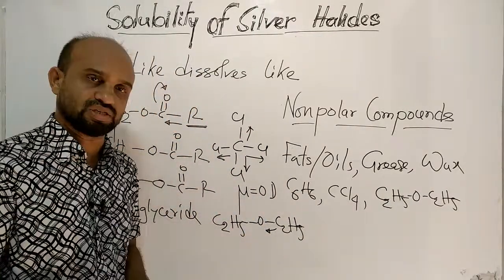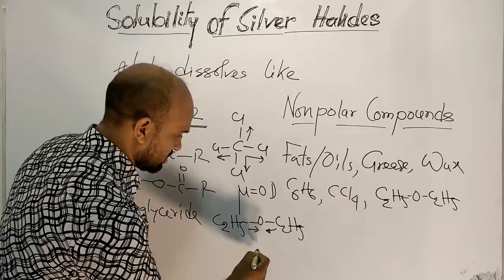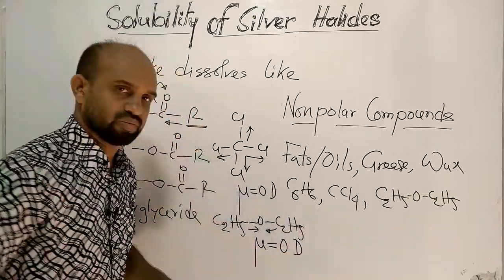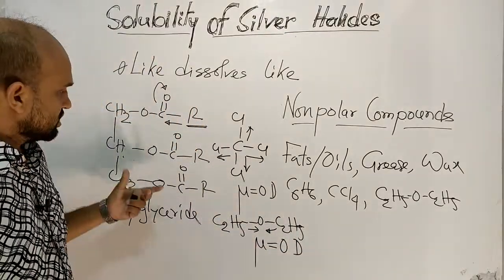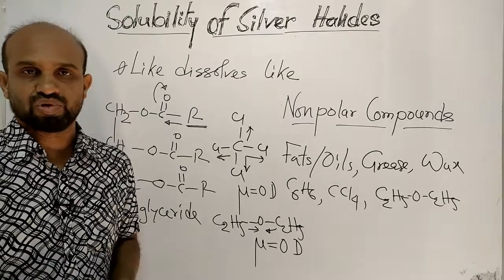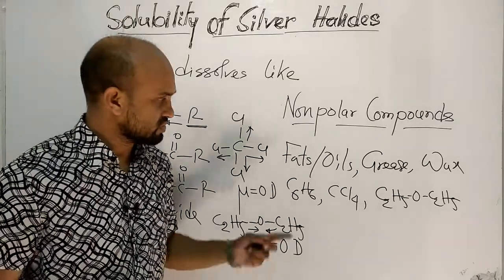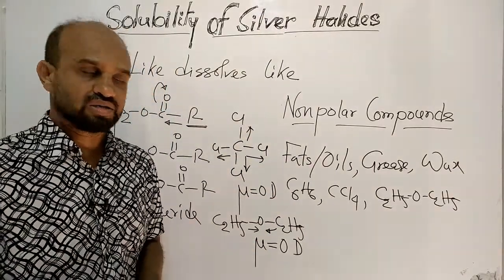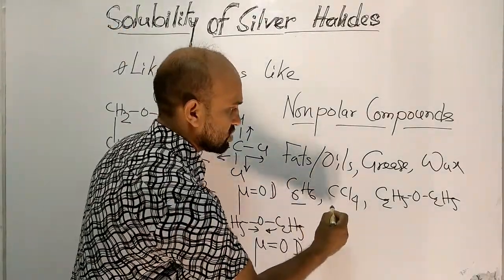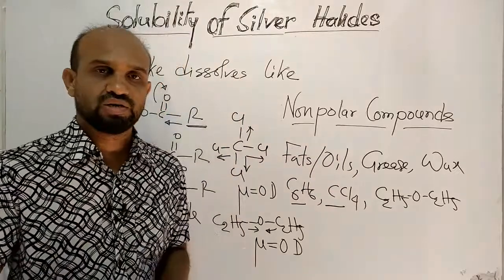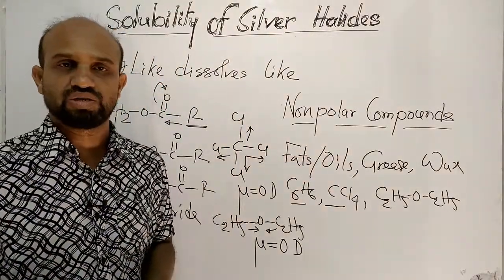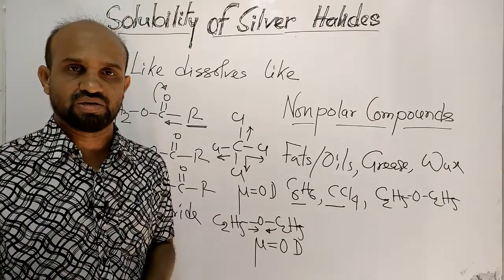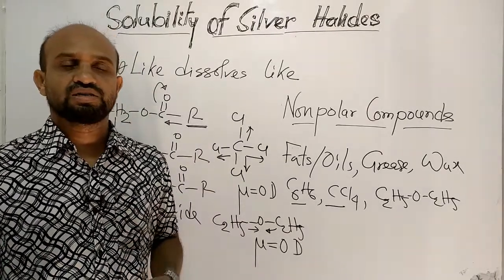Electronegativity of oxygen is greater, but here the dipole moment of this compound is 0 D. So these compounds are nonpolar compounds, and for this reason, when fats or oils are dissolved in benzene or carbon tetrachloride or ether, then these compounds will dissolve in these solvents. This is called like dissolves like.